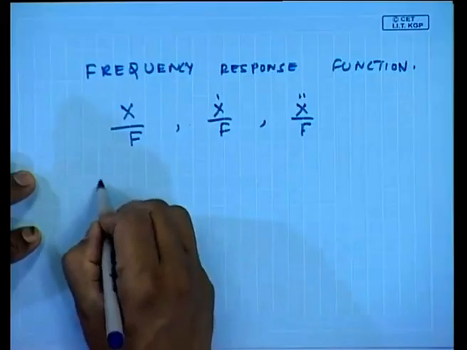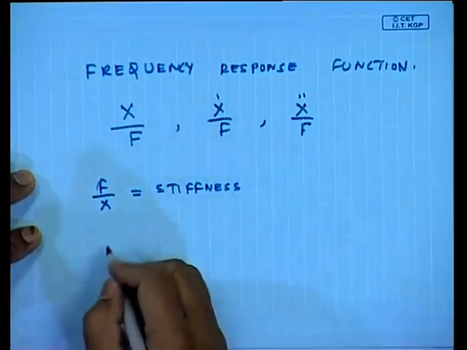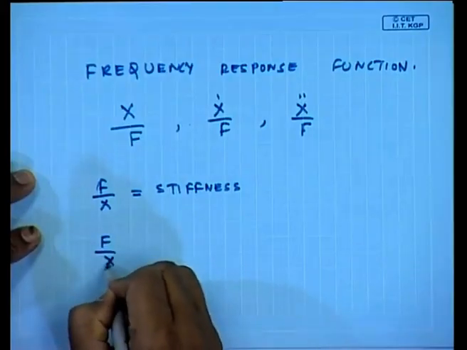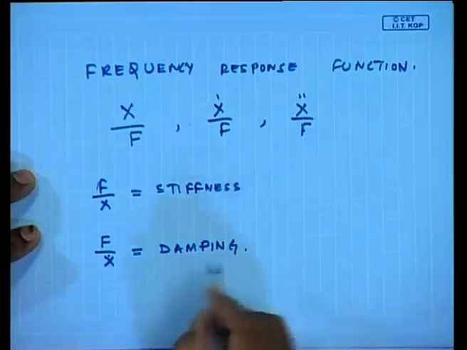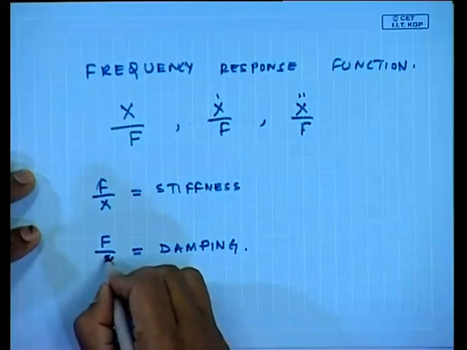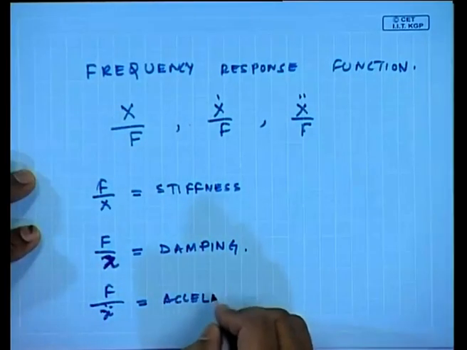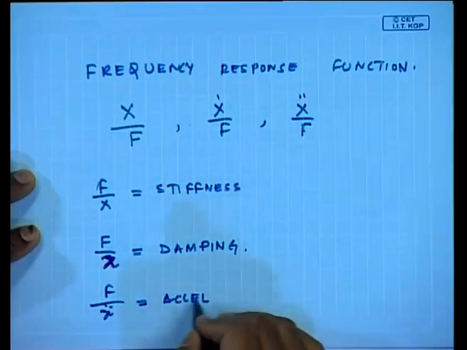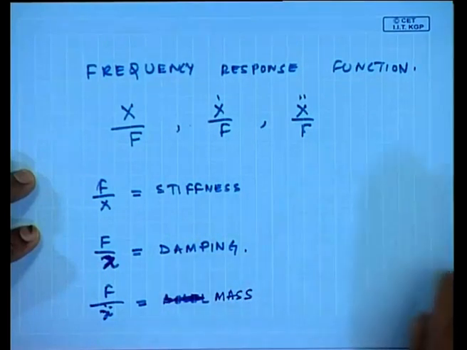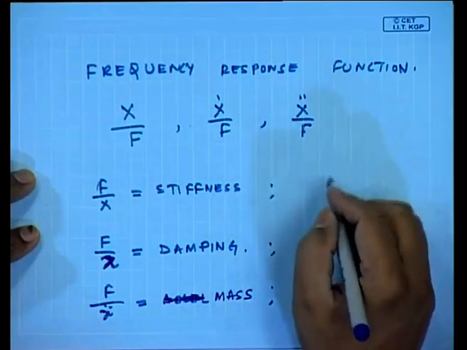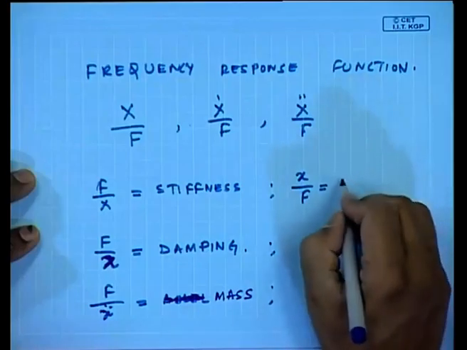For example, you all know f by x is nothing but stiffness, then f by x dot is the damping, f by x double dot is nothing but the mass, and the inverse of this, x by f, is nothing but the compliance.